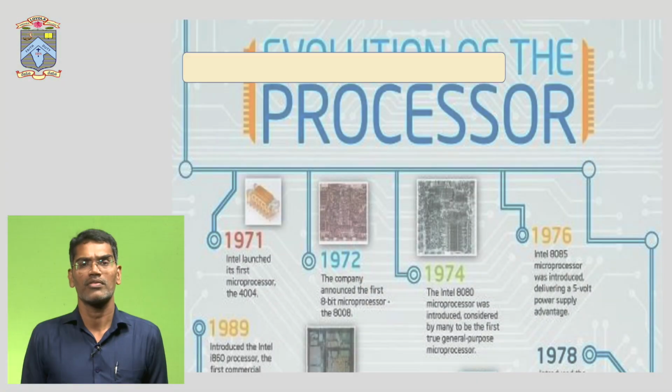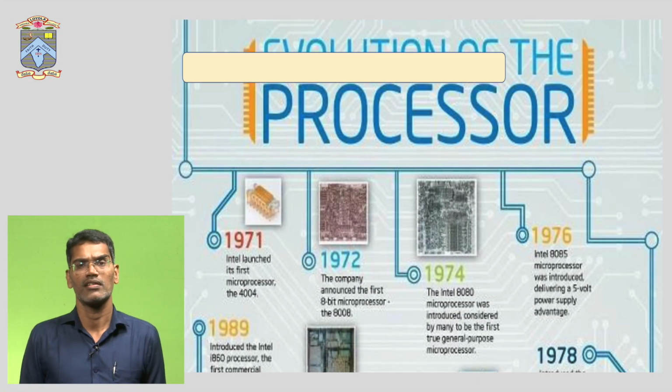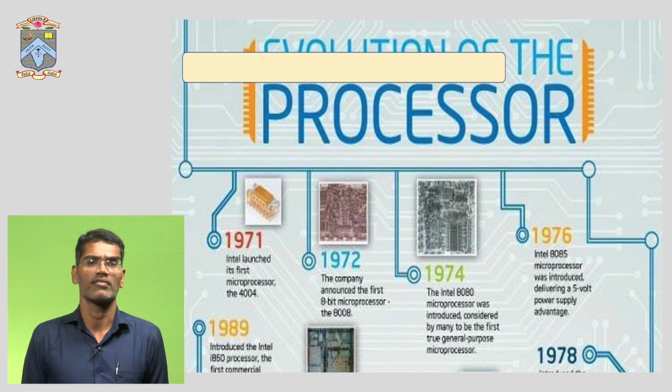The first microprocessor was introduced by Intel in 1971, the 4004. It is a 4-bit microprocessor. Later came the 8008, 8080, 8085. The 8085 is the most famous microprocessor by Intel.